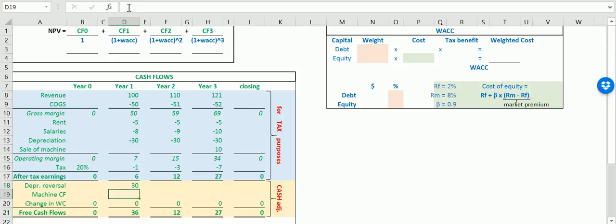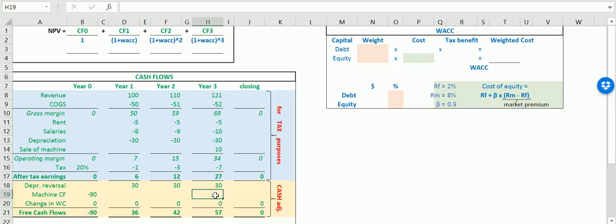So always reverse depreciation, because that's not cash flow. So what happened with the machine? Well, at the beginning of the project, we paid 90 for it, right? And then at the end, we received 10, but the 10 is already reflected. So we don't need to adjust more.